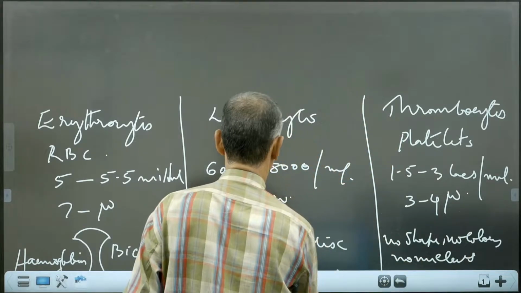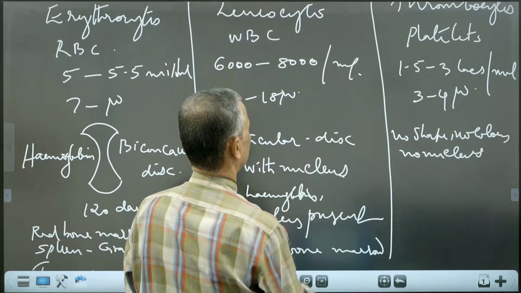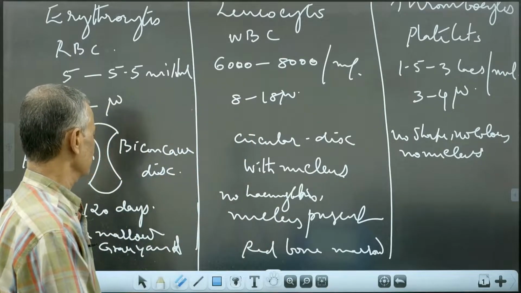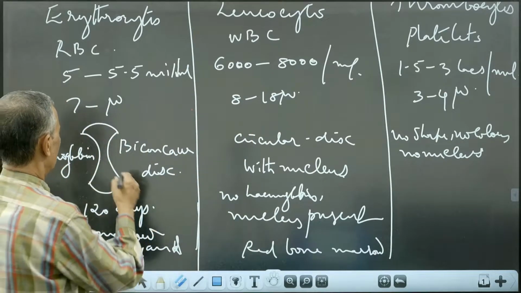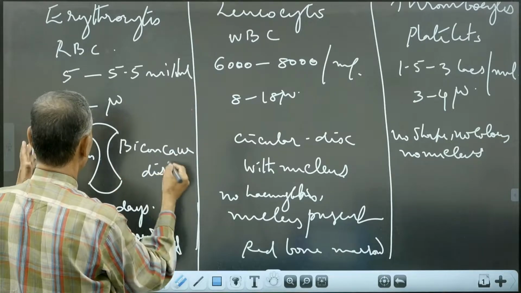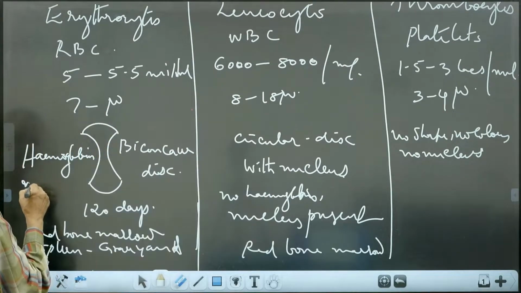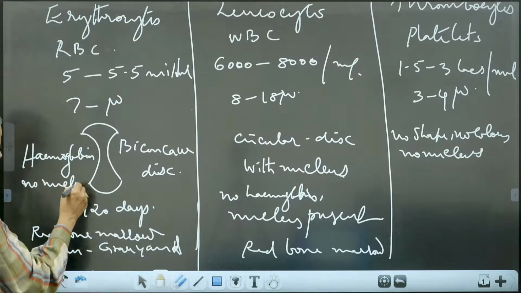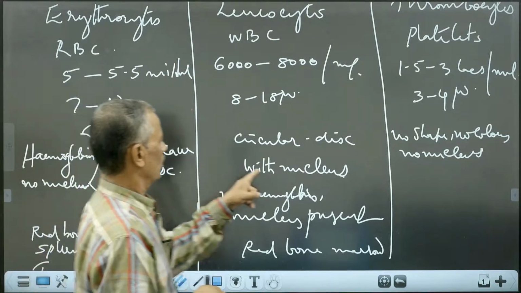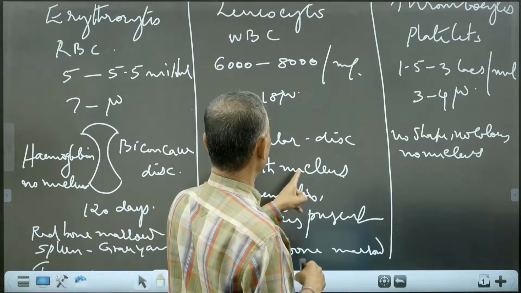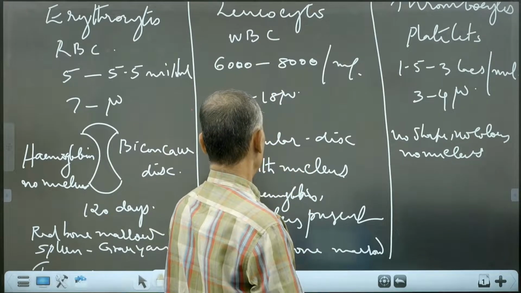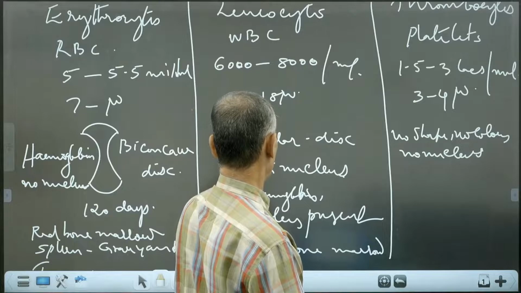Okay. Here color is there, that is hemoglobin is there, but no nucleus. So only one which is having nucleus is the WBCs. Okay.